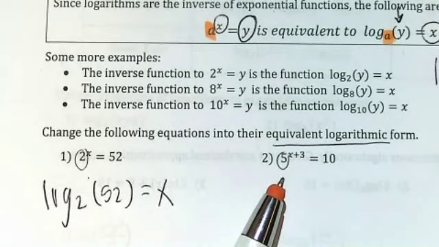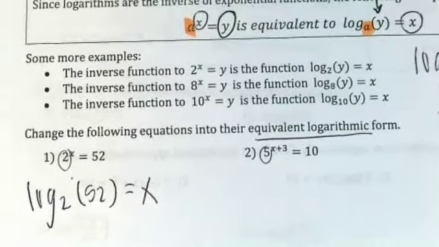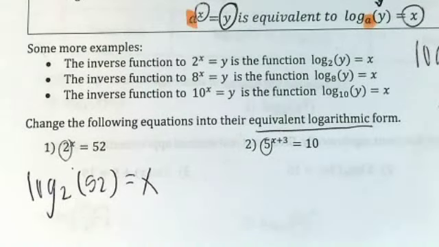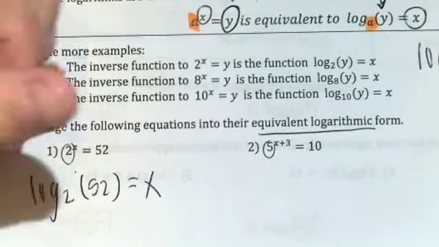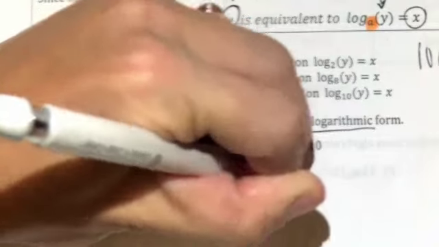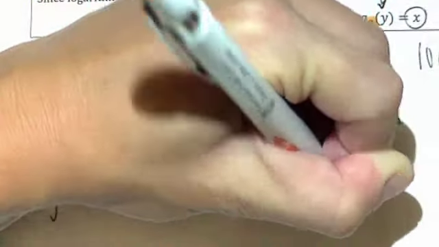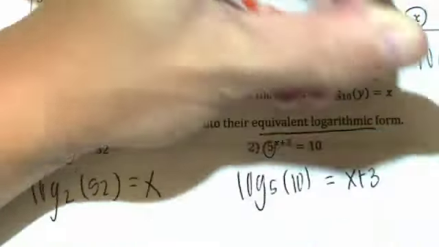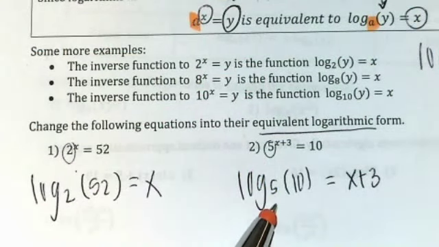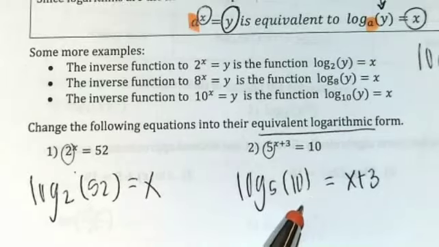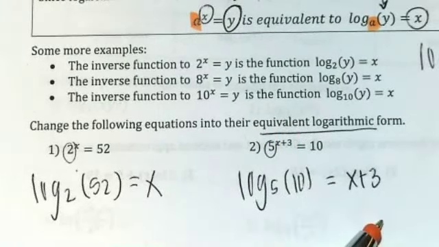If you want to try the next one, go for it. Pause the video because I'm about to do it. So log base 5 of what it's equal to, 10, is equal to x plus 3.